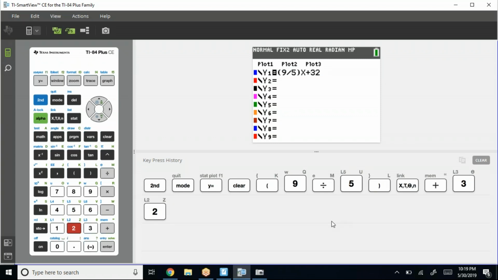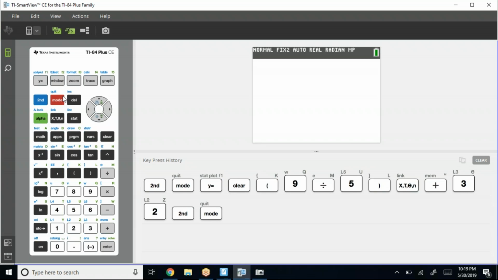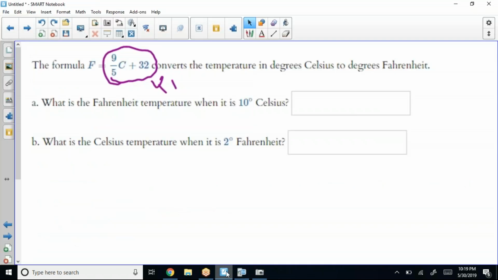Here's the key press history, and every button I press turns red on my calculator, so you can see that. Now, what I want to do is this. I can hit second mode real quick. Now I want to go back and explain something because this is the fundamentals. Celsius is an input, right?